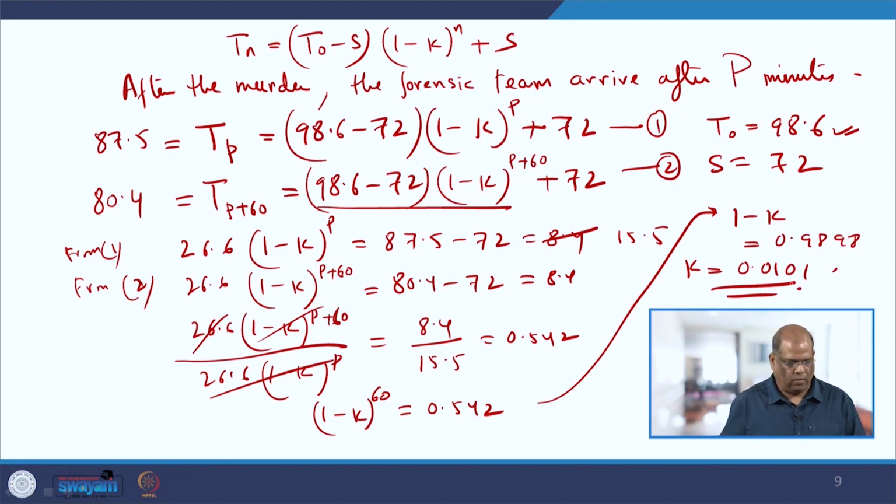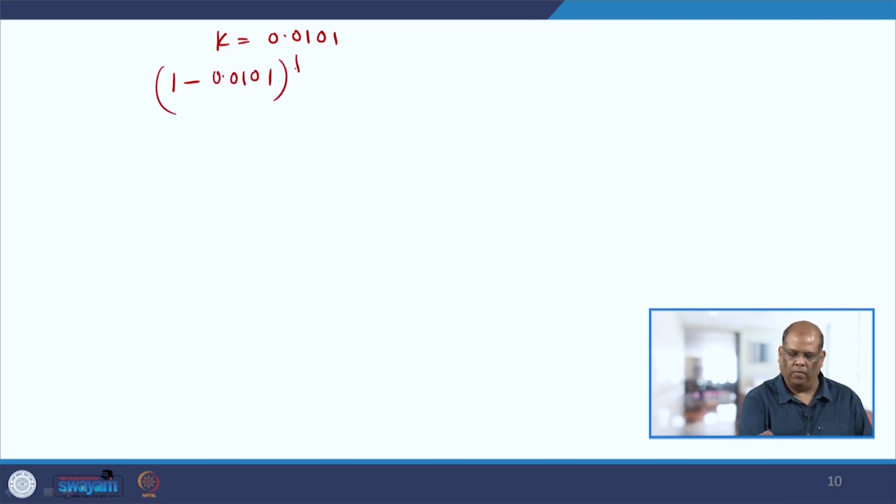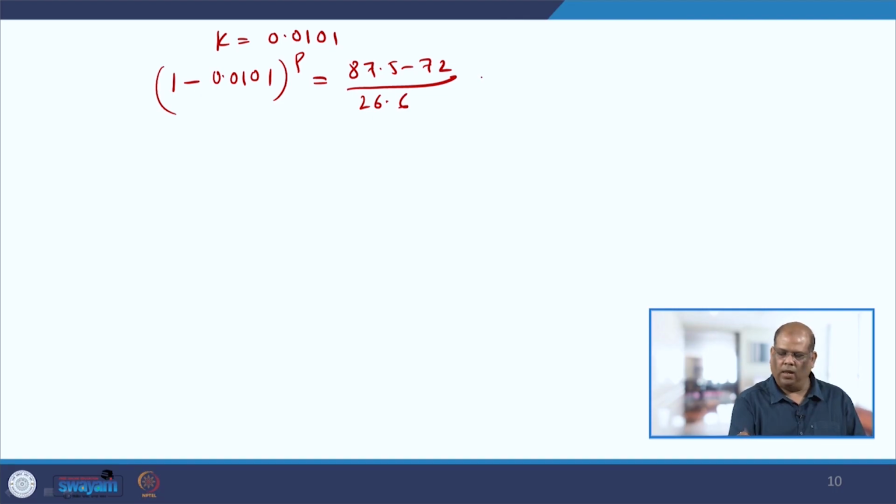So, you got the value of k and you substitute it here to solve for p. So, k is equal to 0.0101 and you get (1 minus 0.0101) whole to the power p, which is equal to (87.5 minus 72) divided by 26.6, and this value is 0.5827.